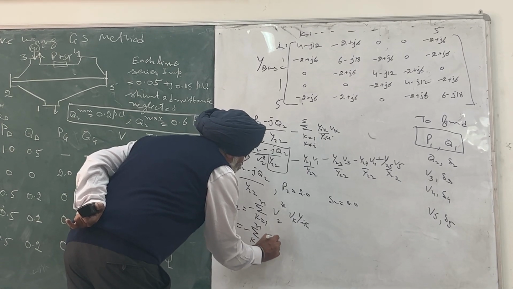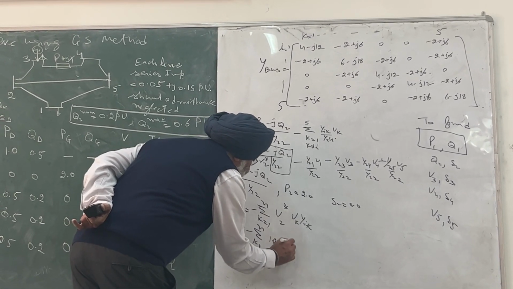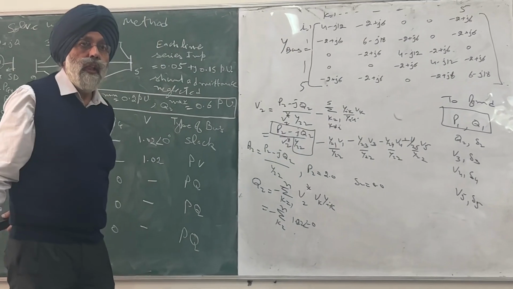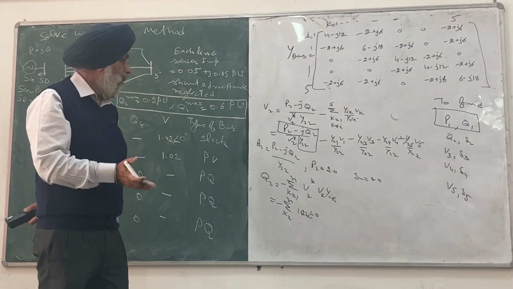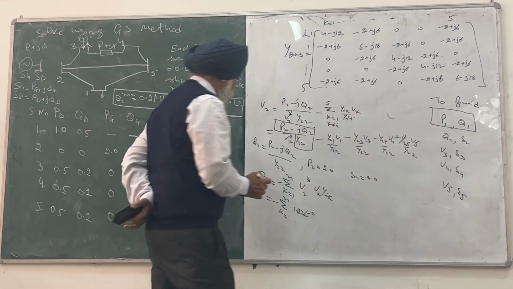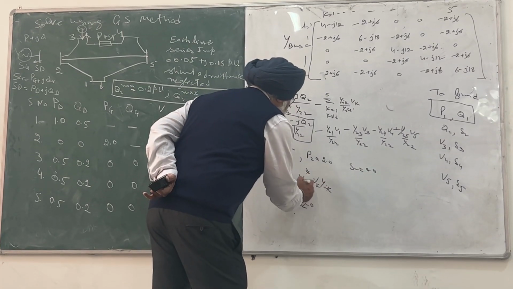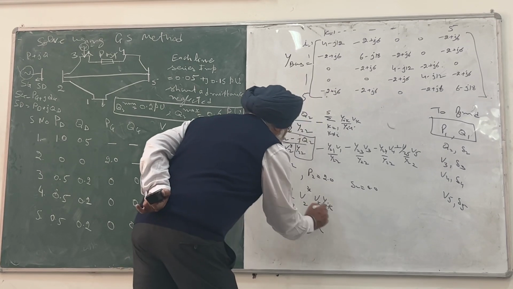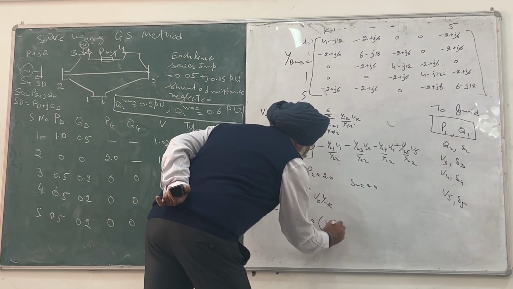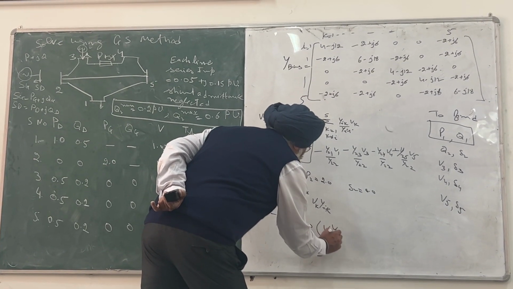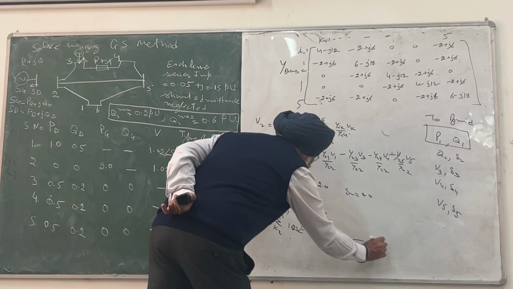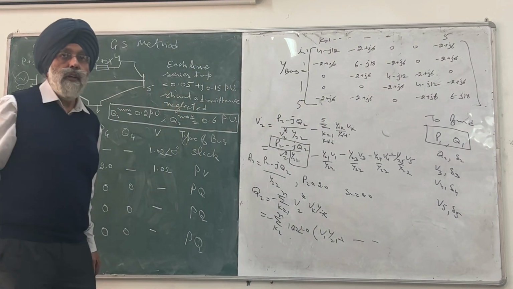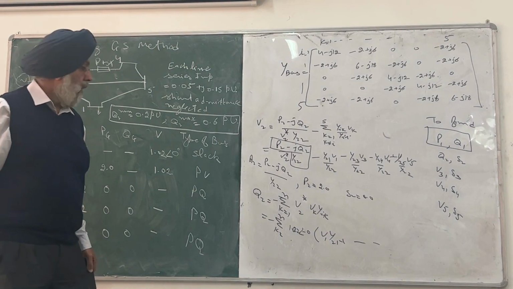Minus 0 or plus 0, one and the same. Okay? Then we have this value, multiplied by V1 Y21 like this. We have the term.